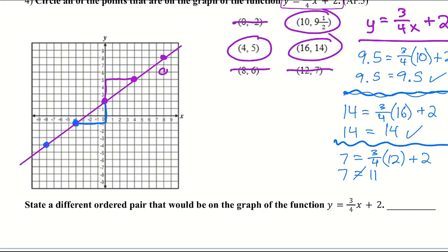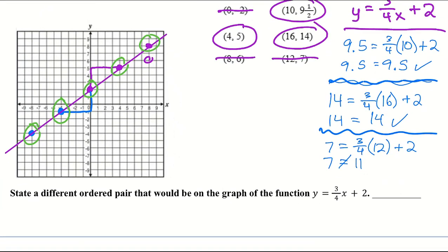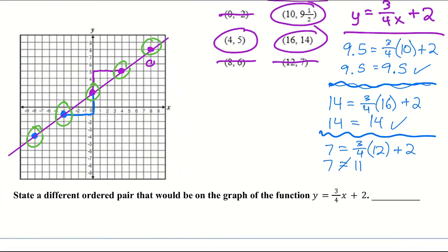In terms of what else could work with these, honestly, anything that we've used on this line could work. So 4, 5 was already there. We could use 8, 8. That would work. We could use the actual y-intercept, which is 0, 2.